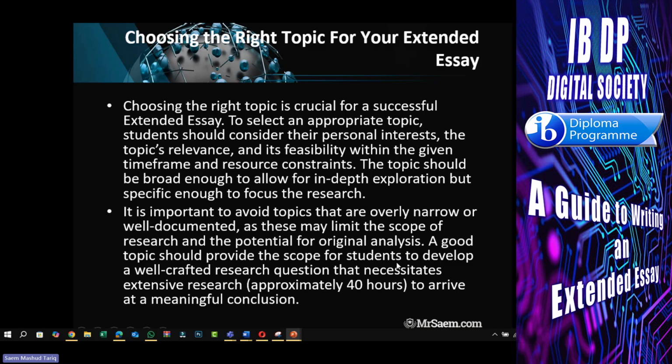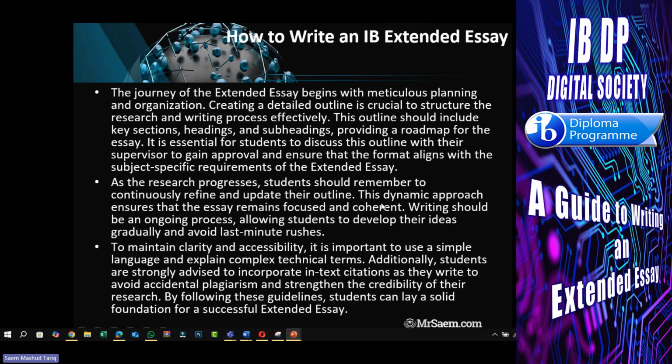Okay, so it might even happen that you choose a topic and you realize after 1 or 2 weeks that this is something that I can't do. Okay, but obviously इसलिए देखने के लिए हम पहले सोच लें कि the topic that we've chosen, can we actually do a lot of research regarding that.